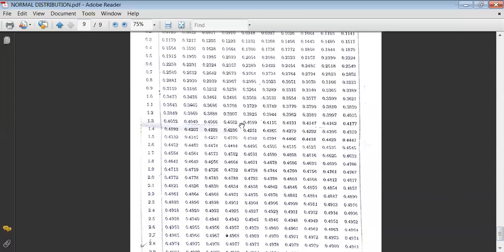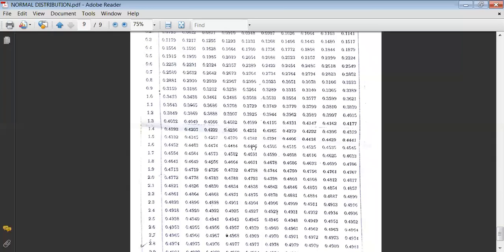Now, inside the table, you have to search where 0.45 or the nearest value to 0.45 is. Once you look here, its value is 0.4505 and here it is 0.4515, or we can choose these two, where it is 0.4495 and here it is 0.4505.